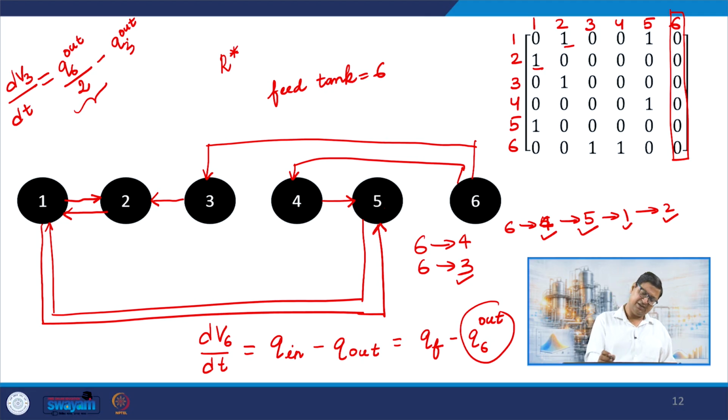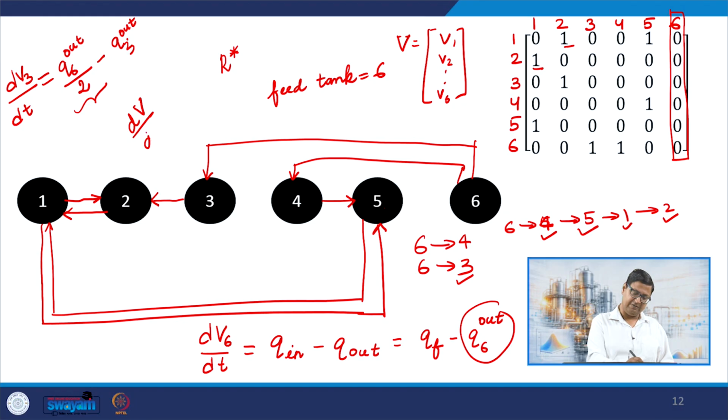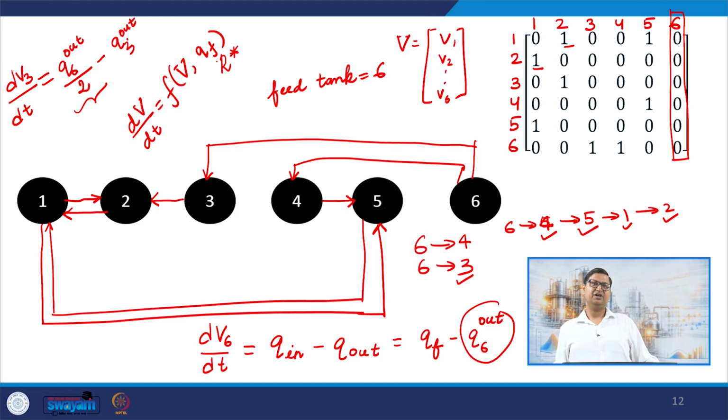So in general, I am going to have a volume vector, and I am going to have equations for the volume vector in the form dV/dt is some function of the volumes, which is again a vector, and the feed flow rate qf, and we have to solve those equations simultaneously.